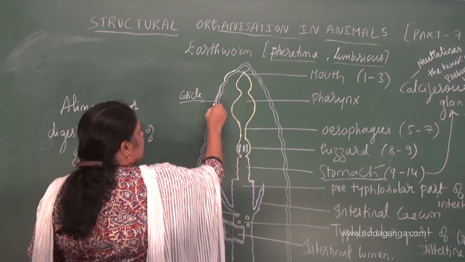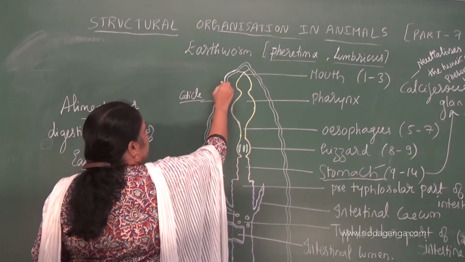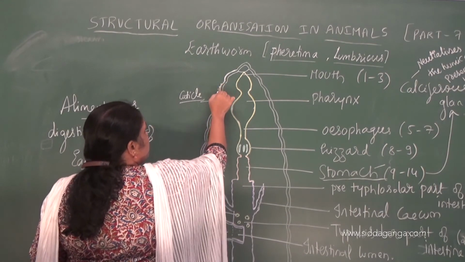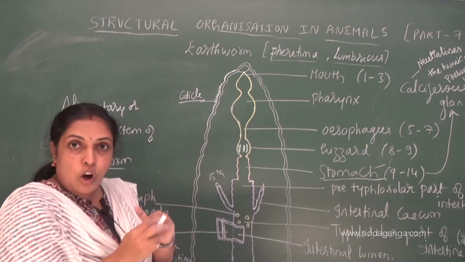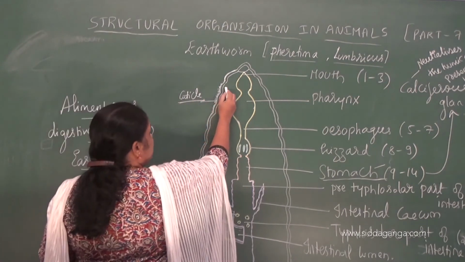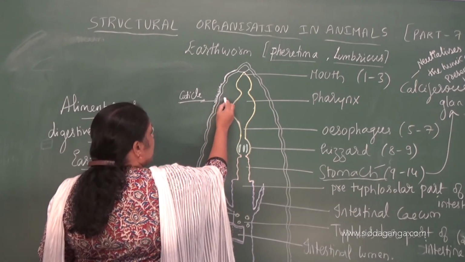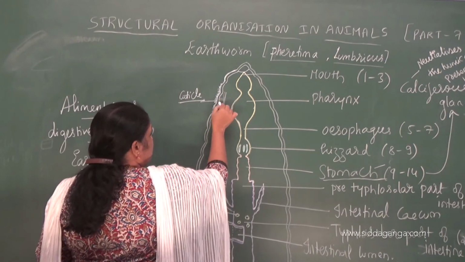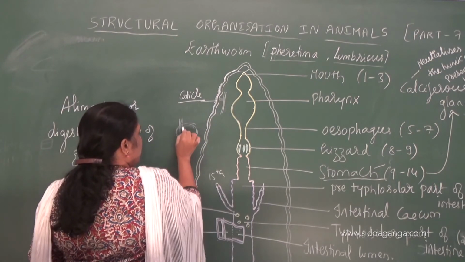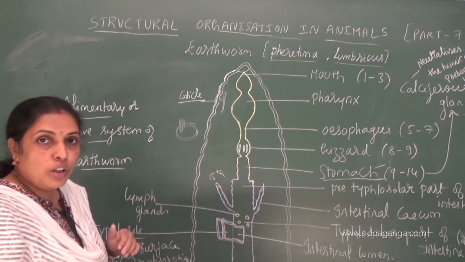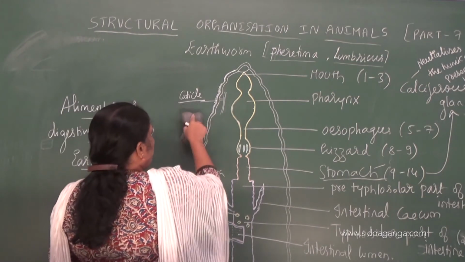This non-cellular layer is seen on the outermost part of the earthworm, and it is called the cuticle. Below the cuticle, we see circular muscles, then longitudinal muscles. Understood? Below the cuticle, we see two layers.